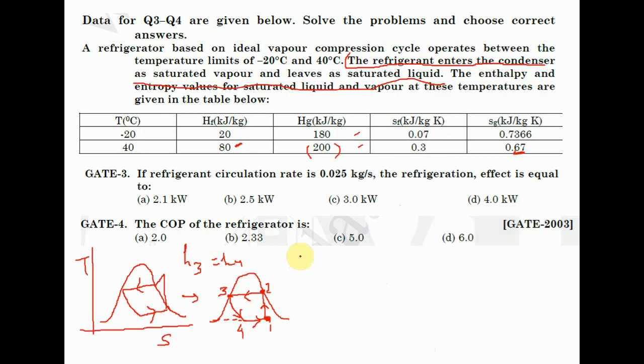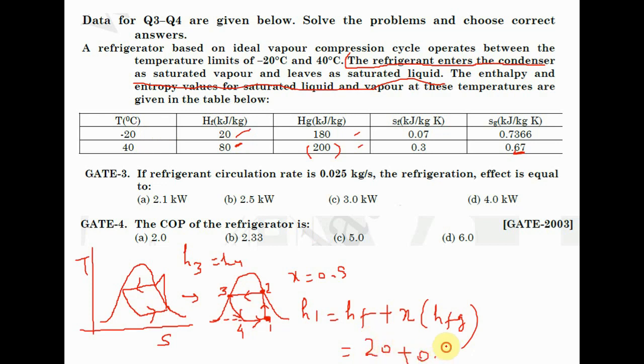So the dryness fraction X equal to 0.9 we can keep, and we have to find the value of H1. H1 will be equal to nothing but HF plus X times HFG. HF corresponding to minus 20 is, see here, 20. So we can write 20 plus 0.9 times HFG.